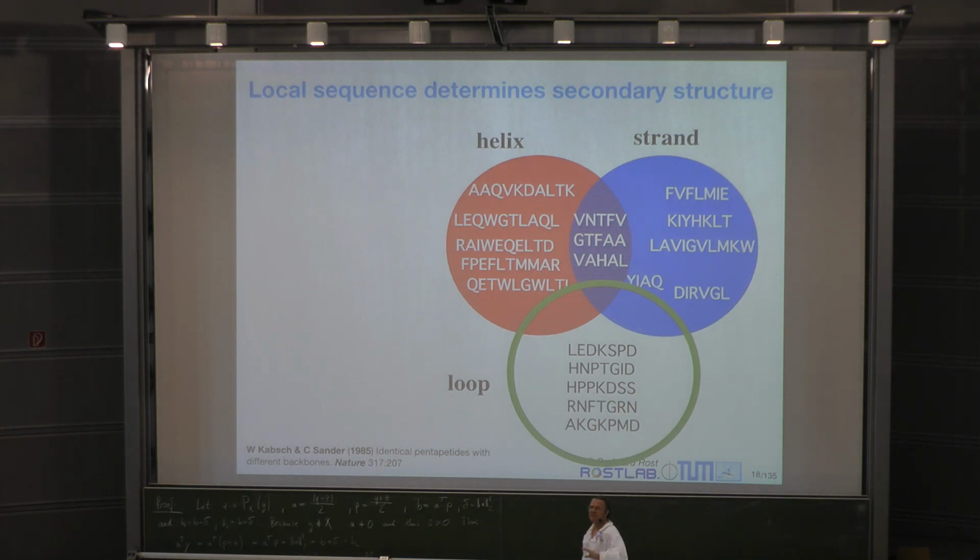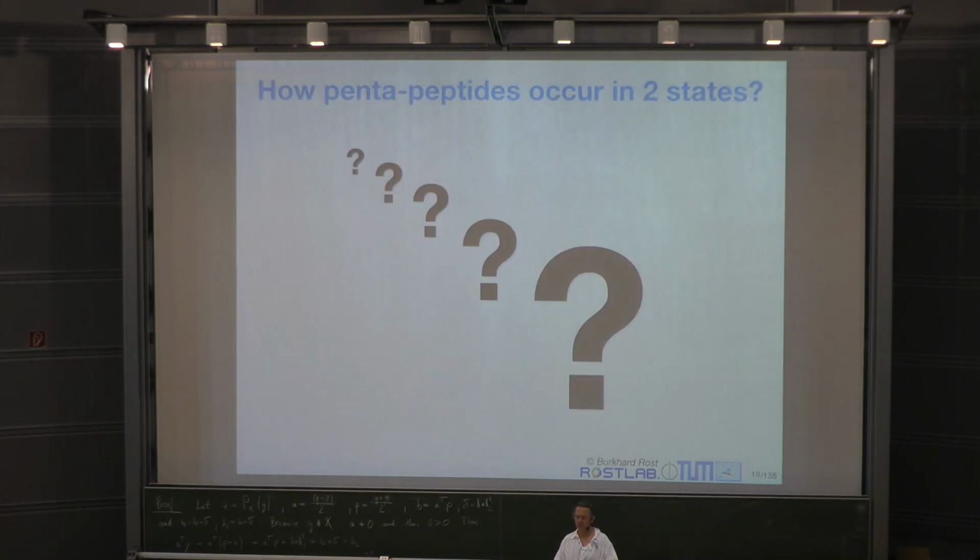And then there were pentapeptides, so 5 mers, k mers of k equal 5, that were found both in helix and beta strand. Now, how can that be? How can you have the same 5 residues, sometimes in a beta strand and sometimes in a helix?